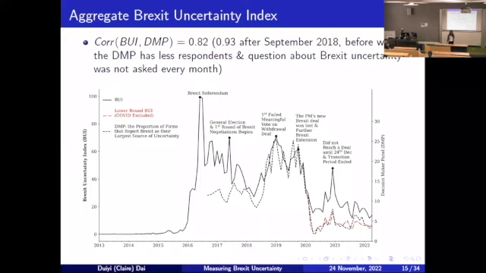They will answer yes or no. And they would answer whether Brexit would be the top 3, top 1, or one of many sources of uncertainty for them. So this series is actually based on the survey, the extent of Brexit uncertainty in their survey.